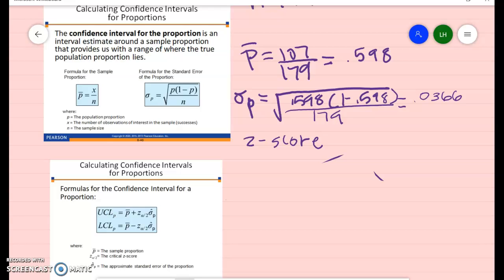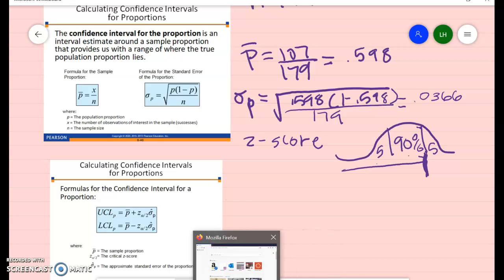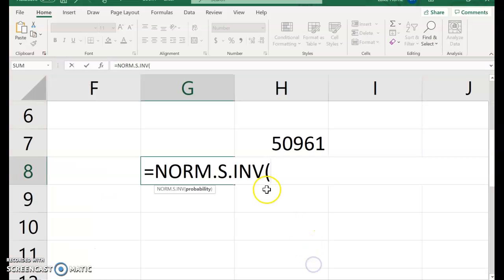So we do need to kind of draw this out. A 90% confidence interval would be like this, so 5% would be here and 5% would be here to make it 100. We need the z-score right here, so that would be 90 plus 5, which is 0.95. So that is the number we need.